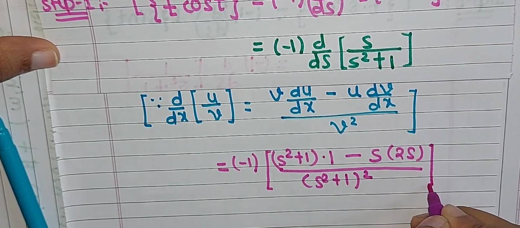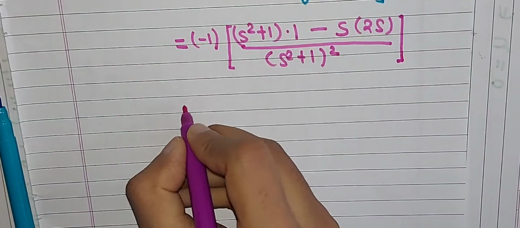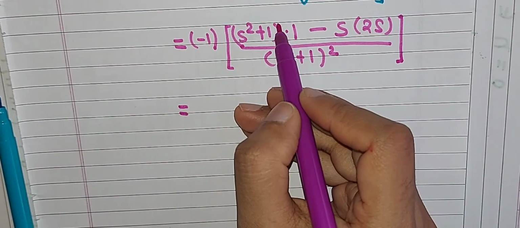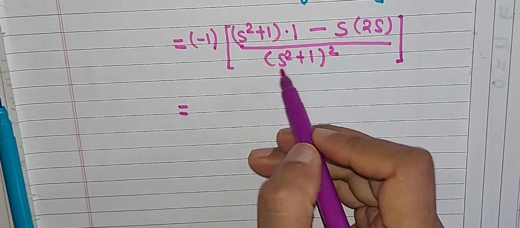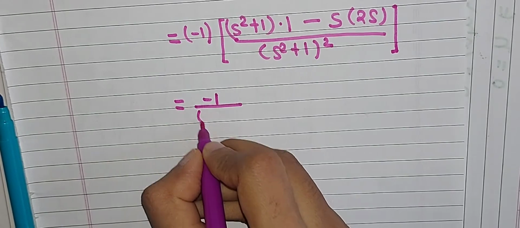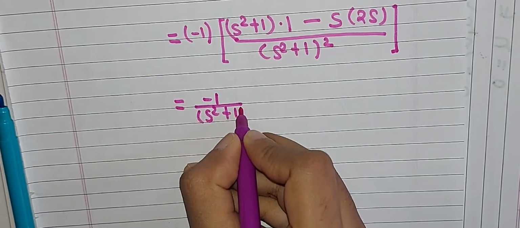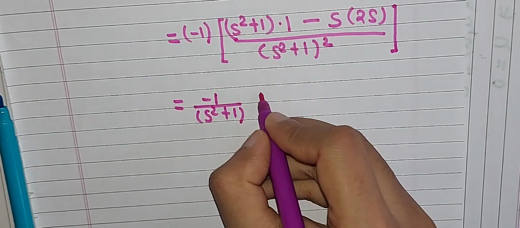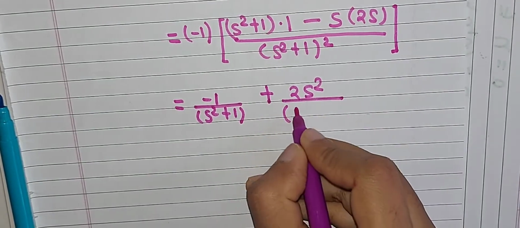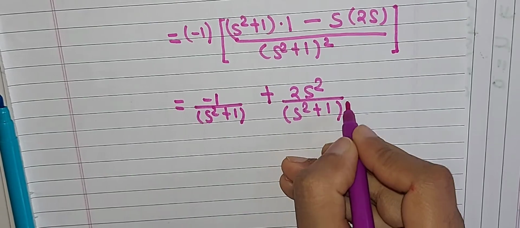Okay, so complete this bracket. So its value will be this minus into this, and this power 1 and the other power 1 will get cancelled with each other, then the remaining term will be minus 1 divided by s square plus 1, okay, this minus into minus is a plus sign, that is 2s square, divided by s square plus 1 whole square.